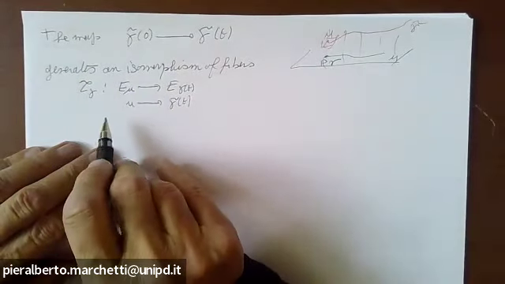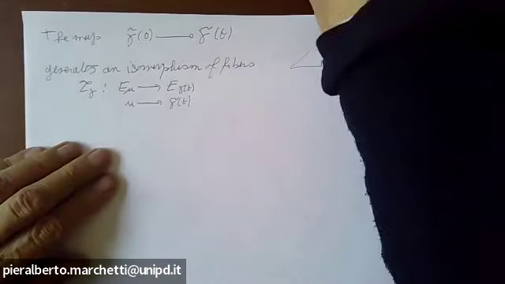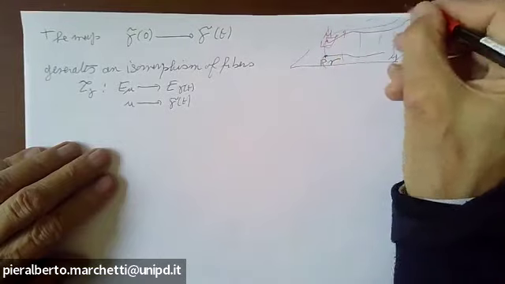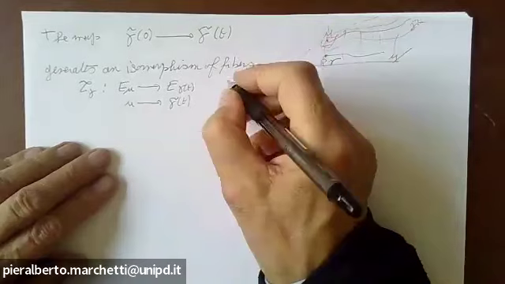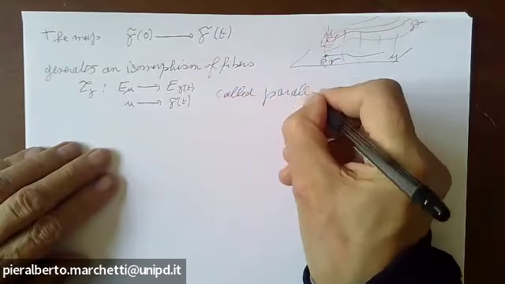So you can do it for U, but you can do it for every point on this fiber. So you give me an isomorphism. This is called parallel transport.